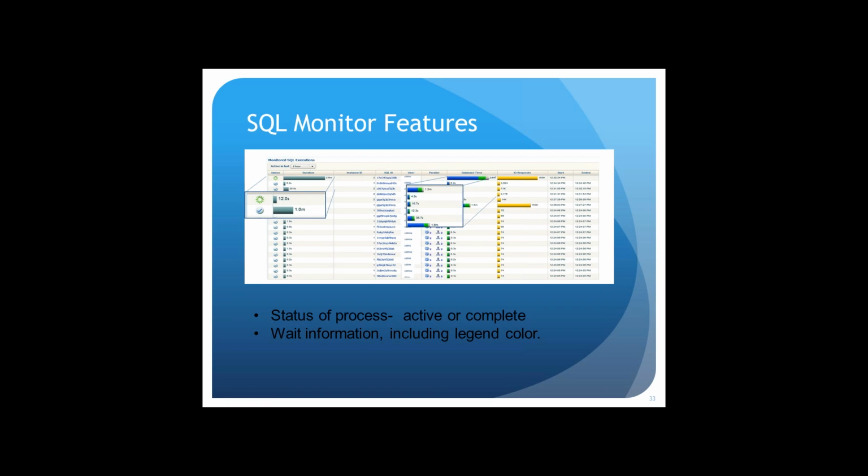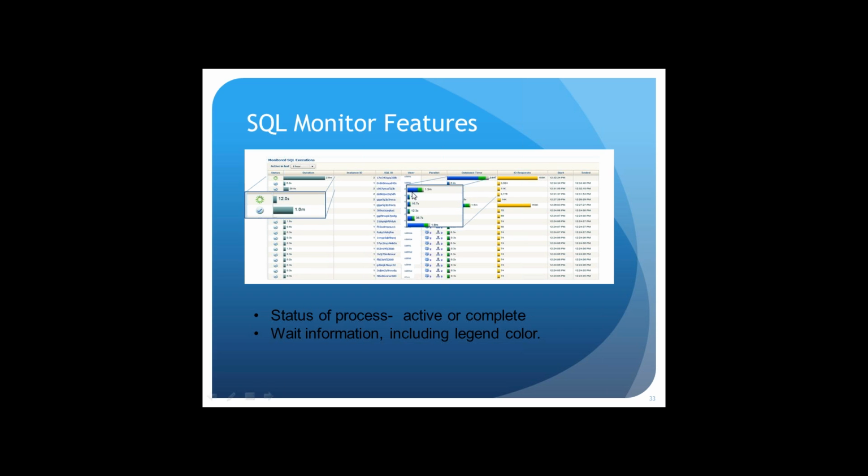If you're looking at the actual features here, you can see the difference. The first one here is active, a little green circle. It's going to be active, it's going to be moving, and then you've got the check mark underneath that shows that this is an actual process that's finished. It's completed. Then you've got this next section over here, the database time.